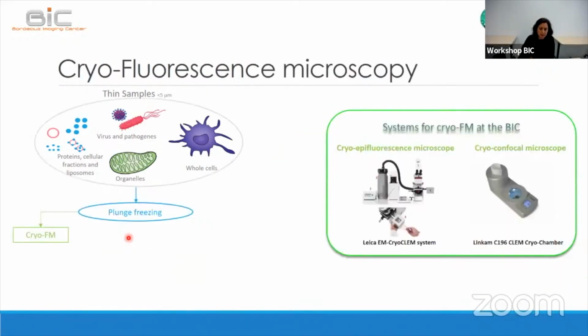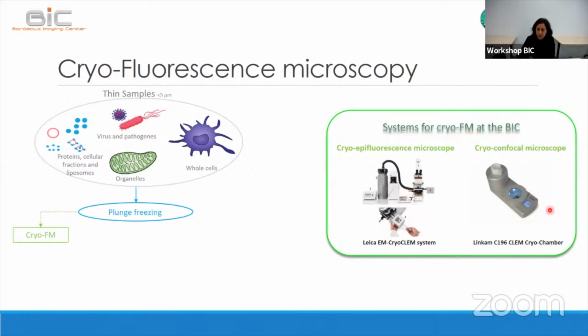Once the samples are on the grid, you need to keep them in cryogenic conditions to observe them by cryo-fluorescence microscopy. At the BIC, we have two devices to do that. The first is the Leica EM Cryo-CLEM system, which is a wide field system with a cryo chamber and a transfer shuttle to introduce the sample in liquid nitrogen.